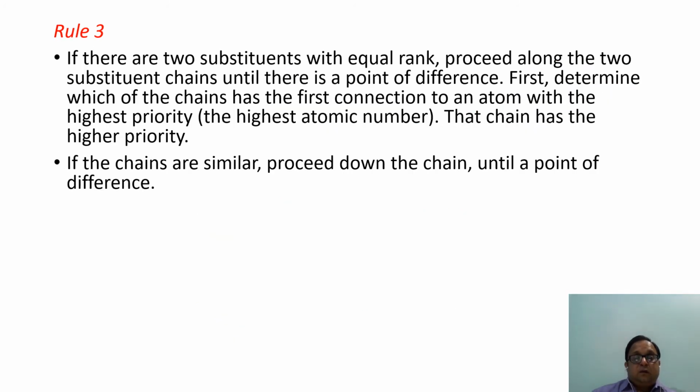Rule 3. If there are two substituents with equal rank, please mind, I am saying both the substituents with equal rank. What does it mean? Then proceed along the two substituent chains until there is a point of difference. Please focus.